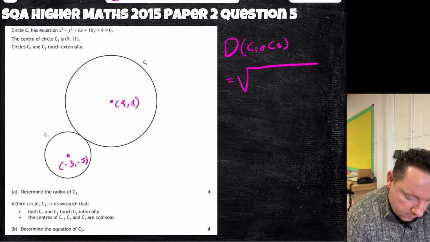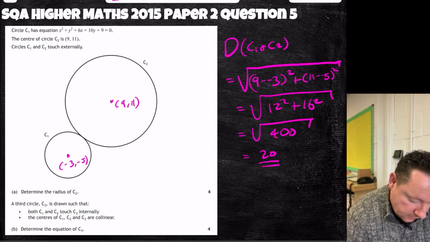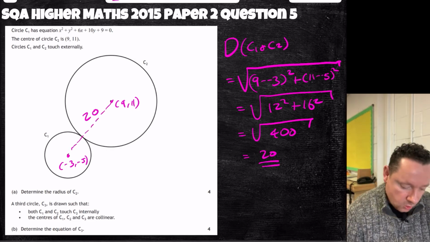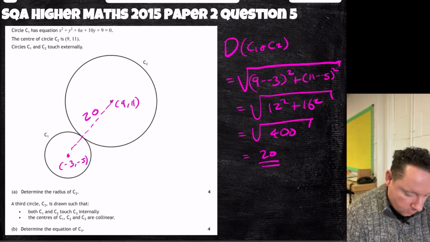Distance formula is Pythagoras, so it's 9 minus minus 3 squared, the x's, plus 11 minus minus 5 squared. That equals the square root of 12 squared plus 16 squared. That is 400, which gives me 20. So we now know the distance all the way up here is 20. So let's now find the radius of circle C1.